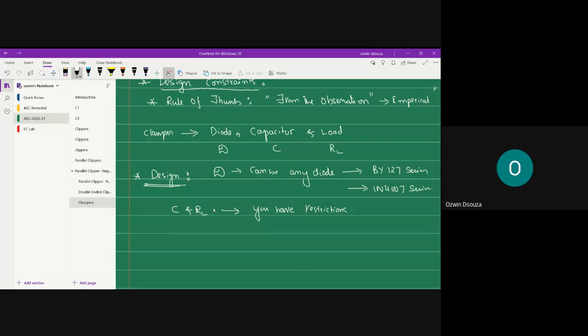No, you cannot choose the capacitor and resistor values just like that. The capacitor and resistor values, I'll just write C and R values, are chosen on the basis of time constant.